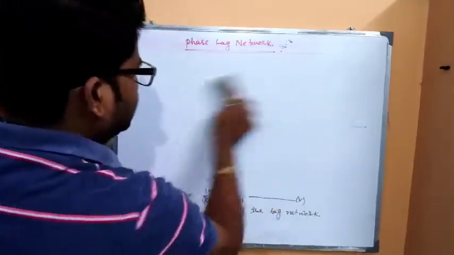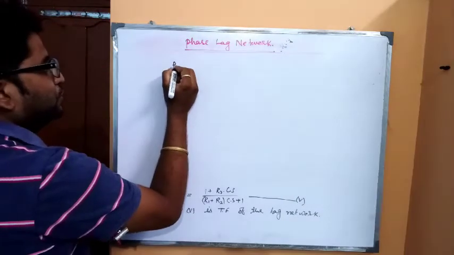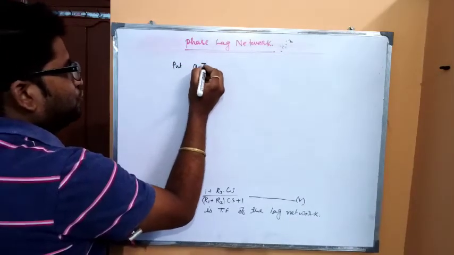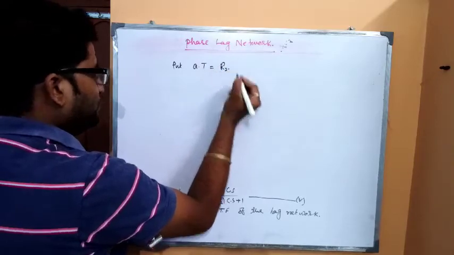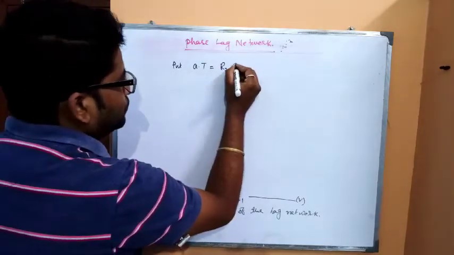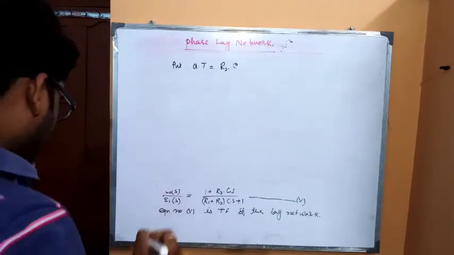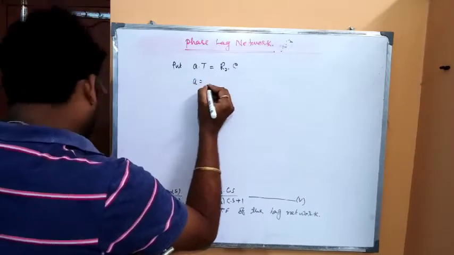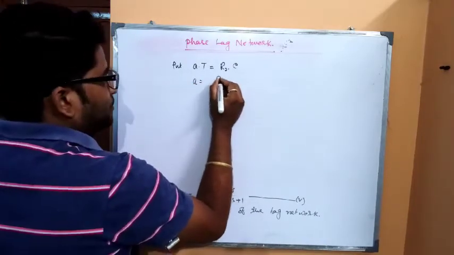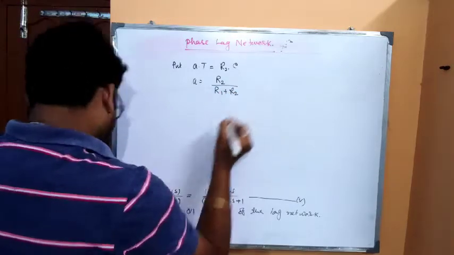Now, up to this, after that, put A into T, which is equal to R2 into C. And A is equal to, from the previous one, R2 divided by R1 plus R2.